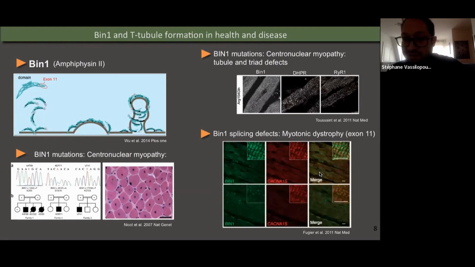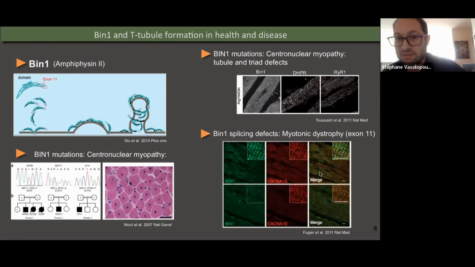This was shown elegantly by the group of Jocelyn Laporte, but it was also shown that splicing of the specific exon 11 of Bin1, which is involved in forming T-tubules, is also abnormally spliced in myotonic dystrophy, which is a spliceopathy characterized by alternative splicing defects, especially involving the ones that occur during the maturation of the muscle from the embryonic to mature to an adult state. So again, pointing to a really important role for Bin1 in forming these T-tubules.